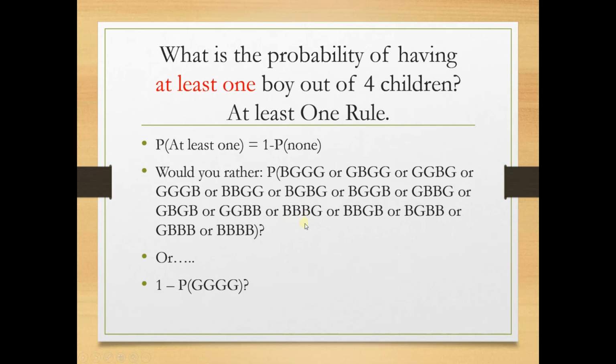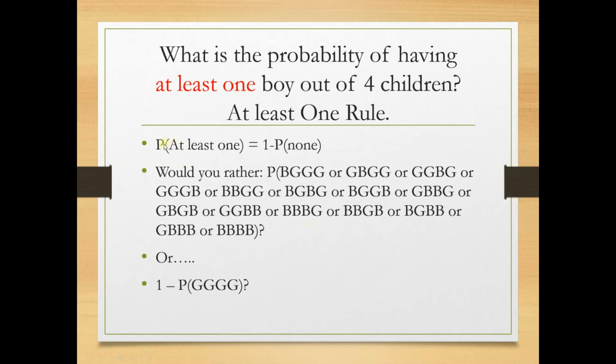You see what's happening here. There's so much you have to calculate, and we don't even know how to do a problem like this because we know the "or" means to add, but what about the boy and boy and boy and girl? "And" means to multiply. That's the multiplication rule, and we haven't even covered that. So this is just a crazy mix of addition and multiplication and a lot of margin for error.